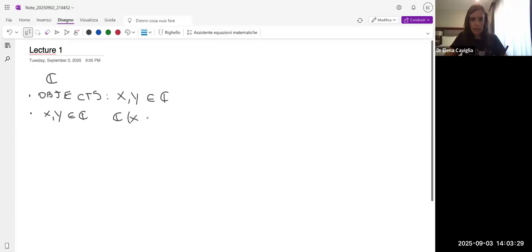We call it C(X,Y). This is just a set, and we think of its elements as arrows between X and Y. So, for example, an arrow f from X to Y. These are called arrows or morphisms of the category.